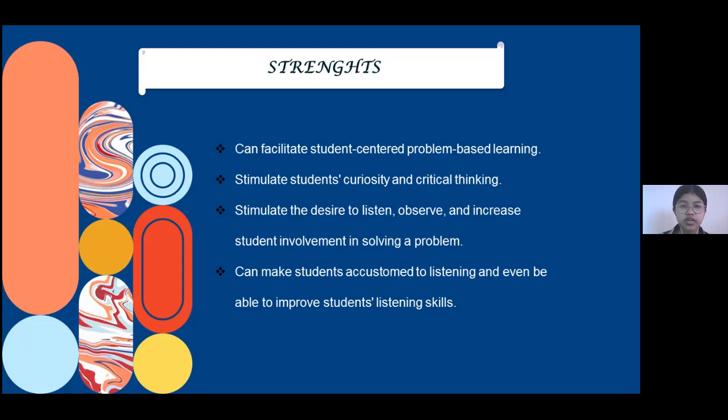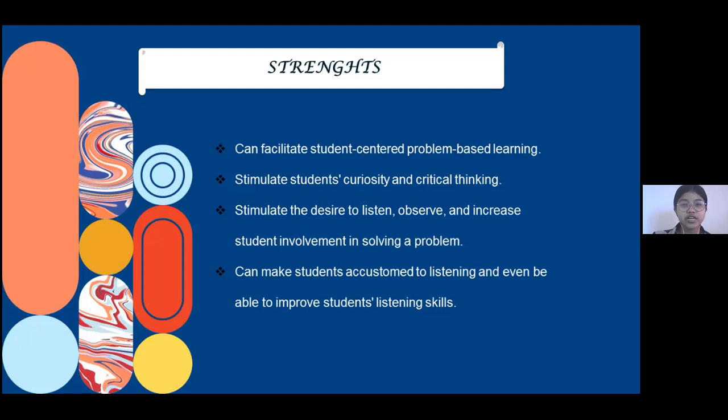The second one is that it stimulates student curiosity and critical thinking. As we saw together, in problem-based learning, students will be invited to carry out activities that meet the 4C: collaboration, critical thinking, communication, and creativity. So this will certainly make students able to think critically and have high curiosity.